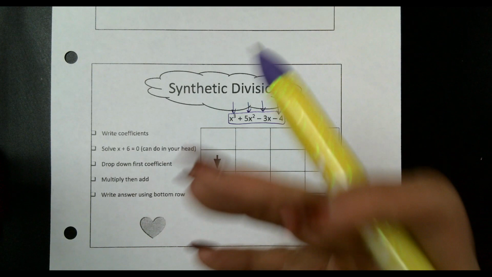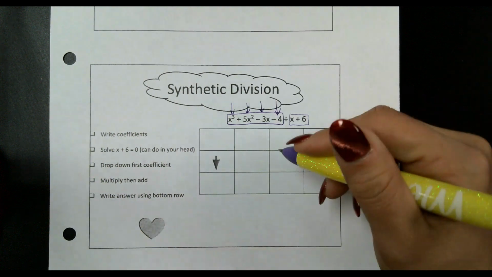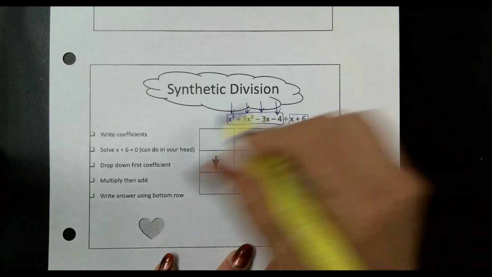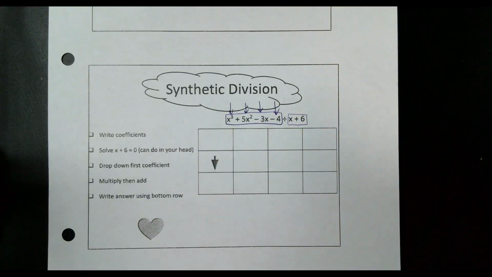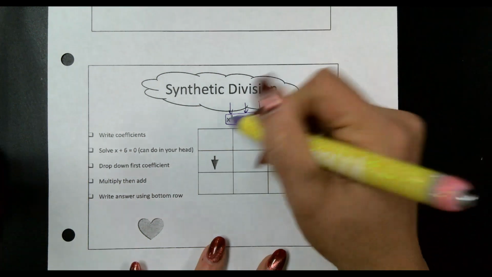So 4 terms means 4 columns. If I had drawn this myself, I would have made a really big rectangle and split it into 3 rows. That's 4 columns, okay? In this top row, you're going to write all of the coefficients of these terms.